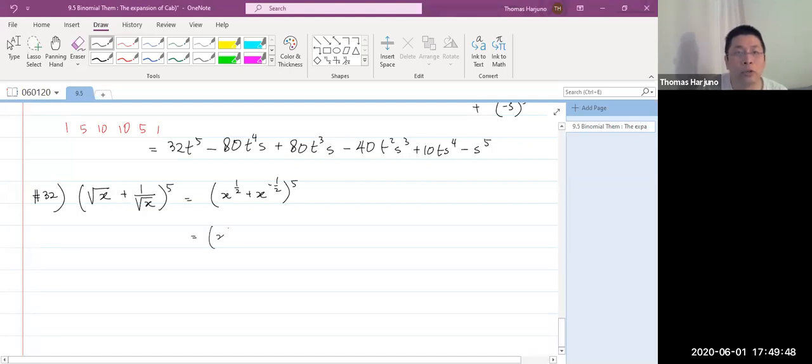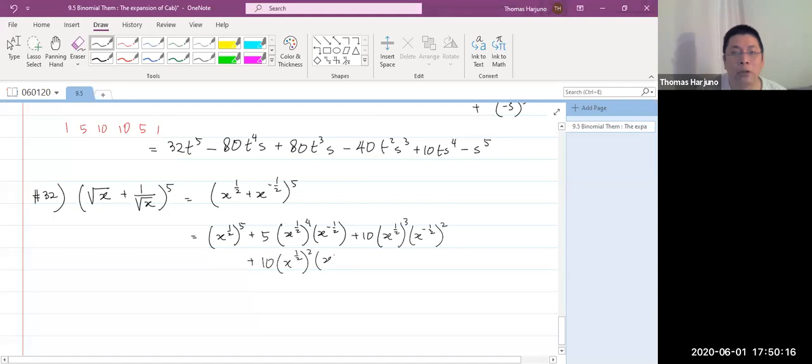This will be x to the 1/2 to the 5th, plus 5 times x to the 1/2 to the 4th times x to the negative 1/2, plus 10 times x to the 1/2 cubed times x to the negative 1/2 squared, plus 10 times x to the 1/2 squared times x to the negative 1/2 cubed, plus 5 times x to the 1/2 times x to the negative 1/2 to the 4th, plus x to the negative 1/2 to the 5th.